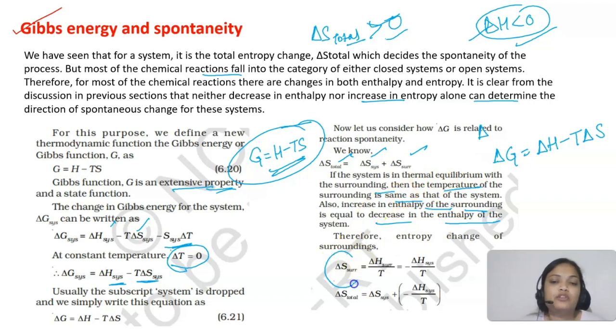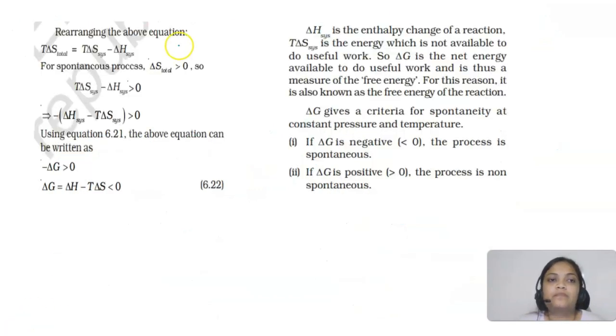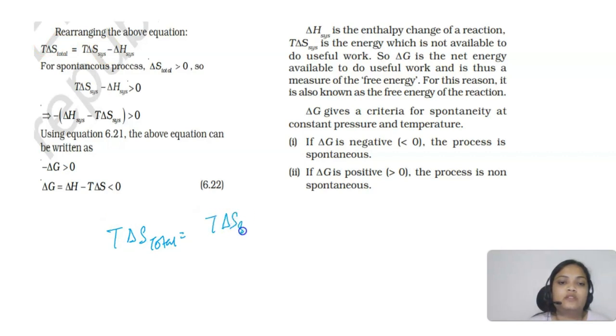So यहाँ पे आप लिख सकते हो delta S of surroundings will be delta H surroundings upon T, means minus delta H system upon T. तो आप total लिख सकते हैं delta S total will be delta S of system plus delta S of surroundings. Okay, so if you rearrange from here, you will get T delta S total will be equal to T delta S of system minus delta H of system.